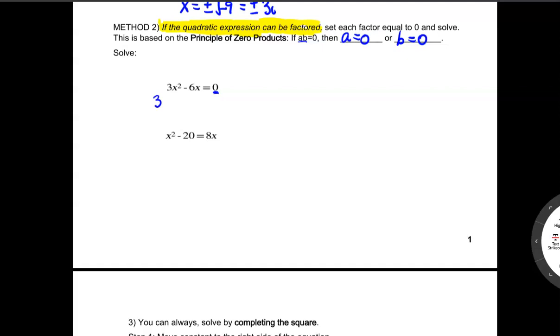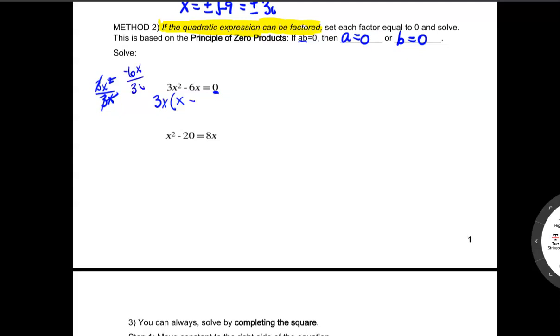X squared is x times x, so x is definitely a factor of that, and of course x is just itself, so that works. So we factor out 3x. When we factor out 3x from 3x squared, we're left with just an x. And when you're factoring things out, you're basically dividing. So we're taking 3x squared and we're dividing by what we're factoring out. And in that case, the 3's cancel and one of the x's cancel, so we're left with x. And then we do the same thing with the minus 6x.